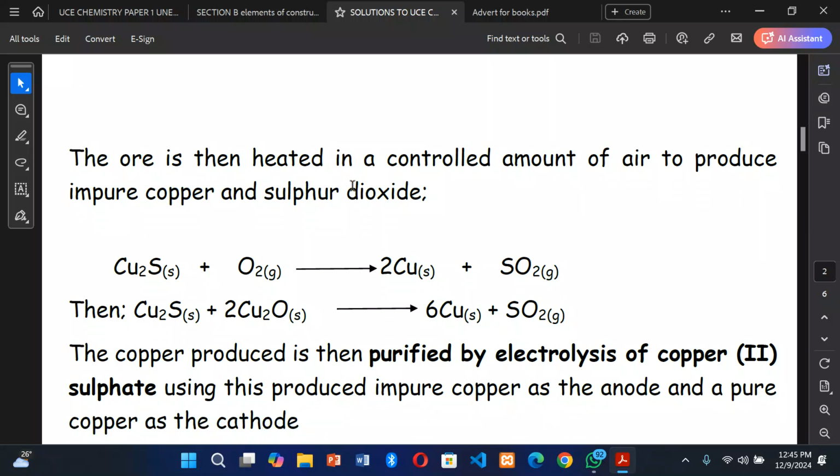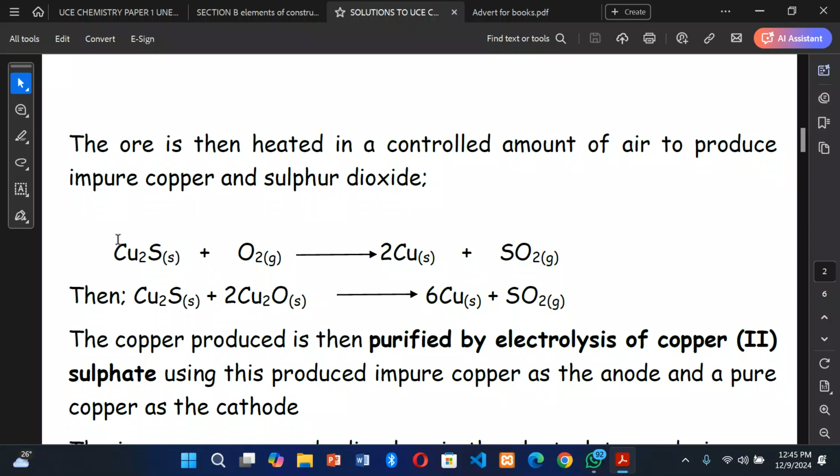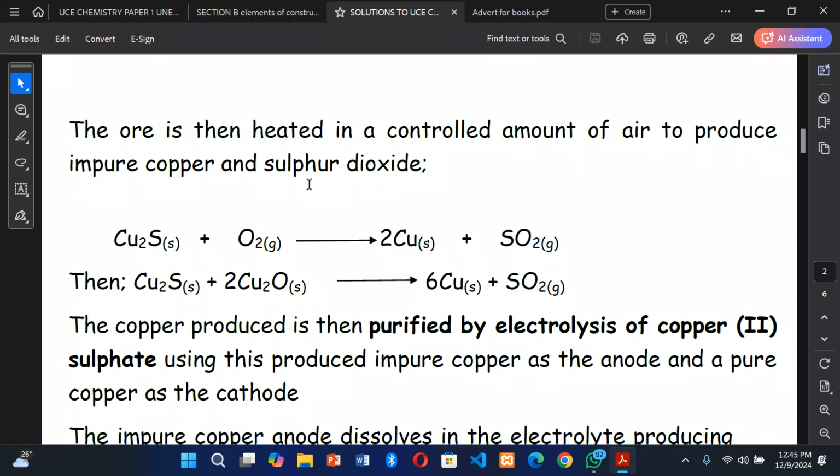Then the ore is heated in a controlled amount of air to produce impure copper and sulfur dioxide. So that is a chemical symbol. But as we said, if the chemical symbol is hard for you, please leave it out. This statement is enough for you to earn a score.